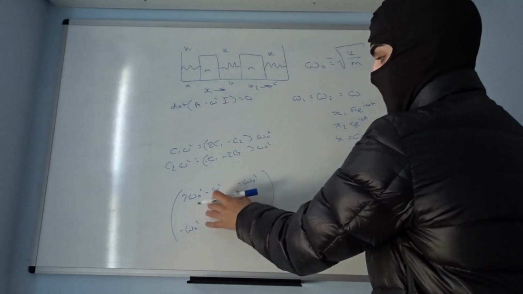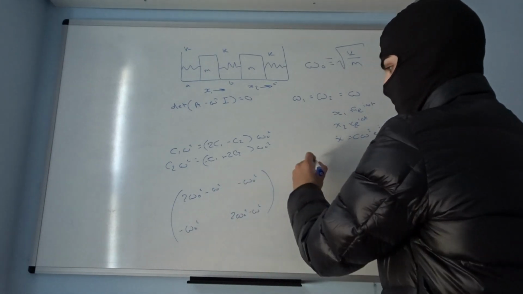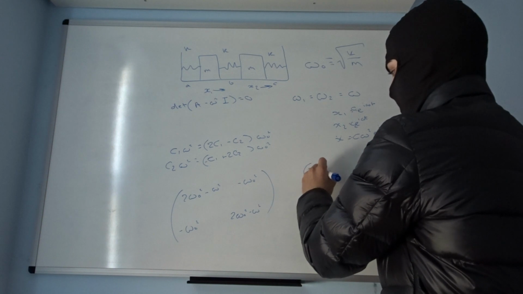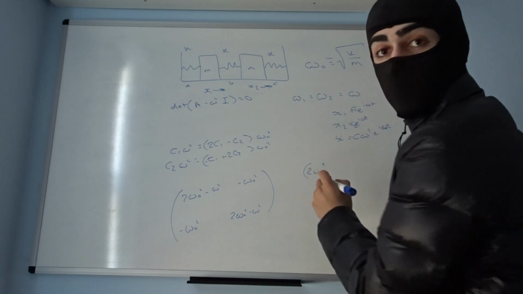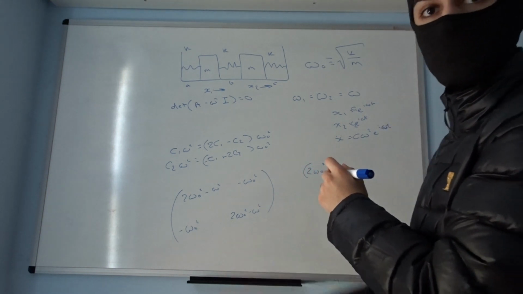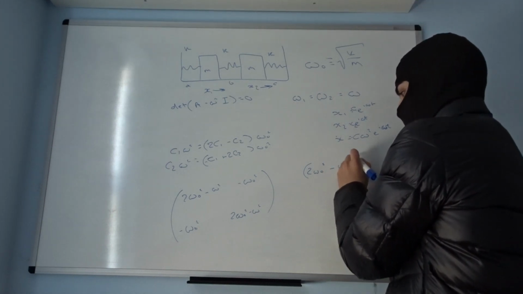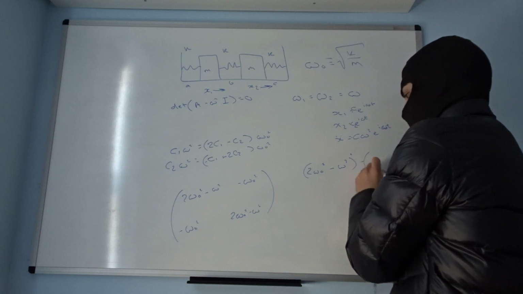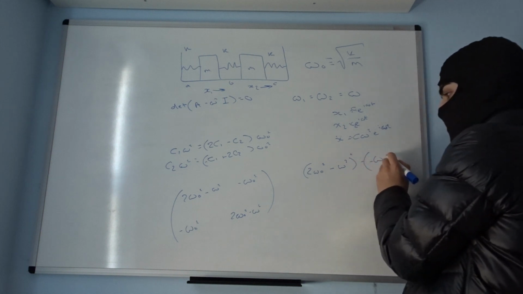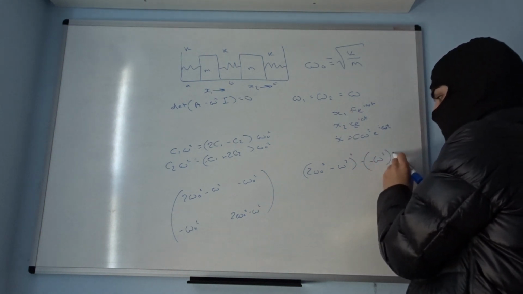Doesn't equal, the determinant of this equals 0. So recall the determinant AD minus BC for a 2 by 2 matrix. So (2 omega naught squared minus omega squared) squared minus omega naught to the fourth equals 0.